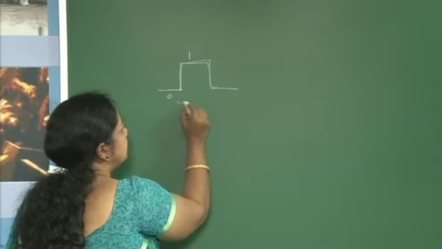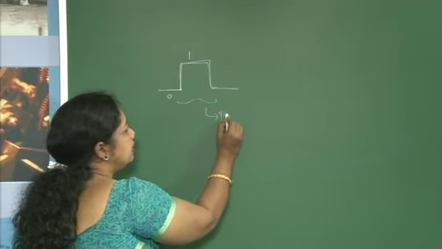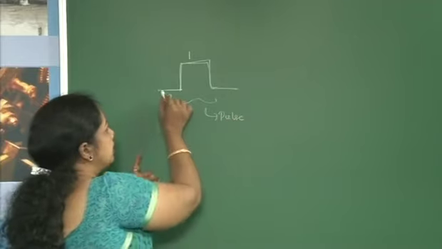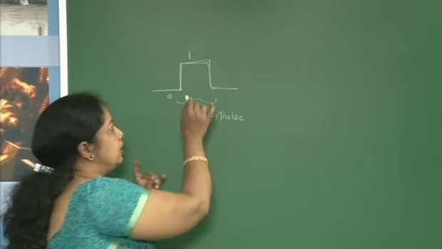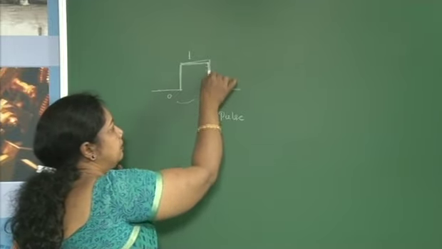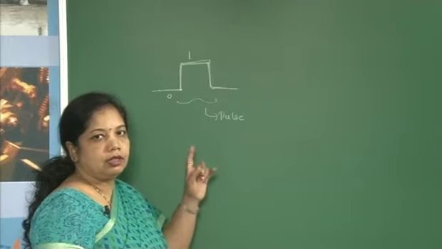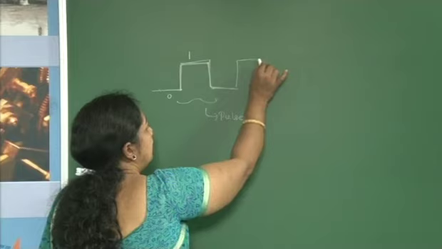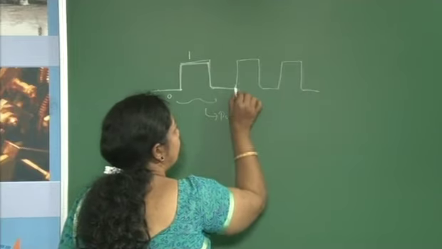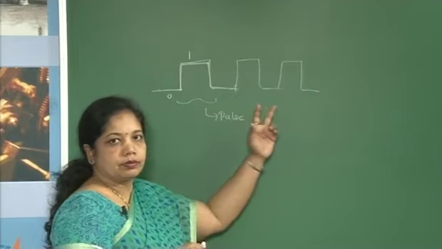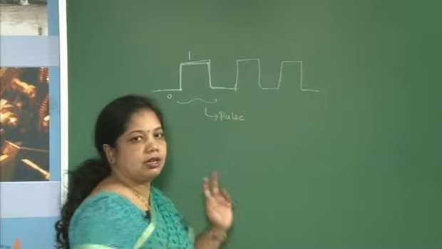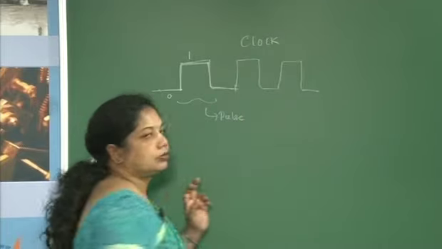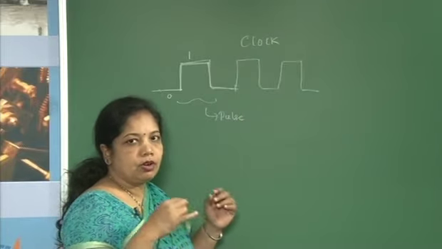If this is a single pulse, this is called a pulse. A pulse is represented by a transition from 0 level to 1 level and back once again to 0 level. This is called a single pulse. Suppose I continuously provide these pulses. A train of pulses is called a clock.